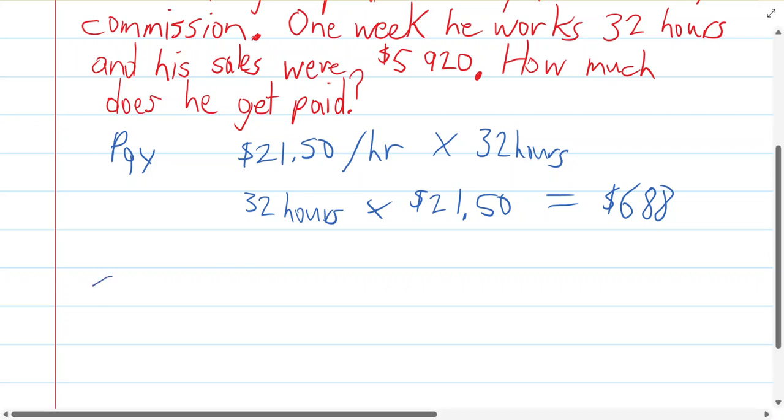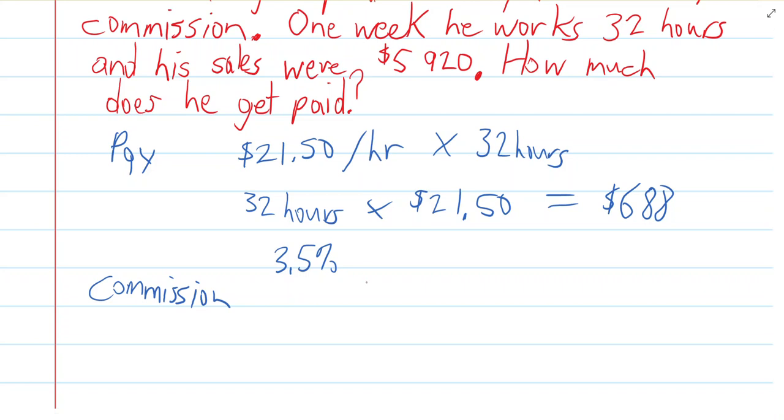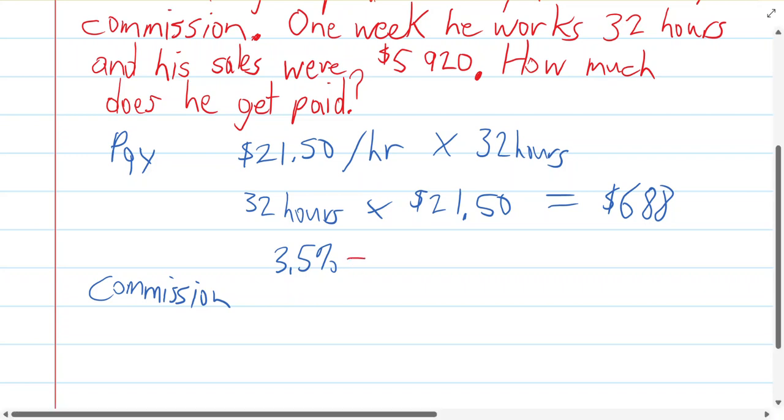Then you have to work out his commission. For his commission, you have to multiply by the sales, but you have to use a true value of 3.5%. So not the fake number, the true number. And to get the true number, what do you do? Divide by 100. So 0.035, that's 3.5%, the decimal value.